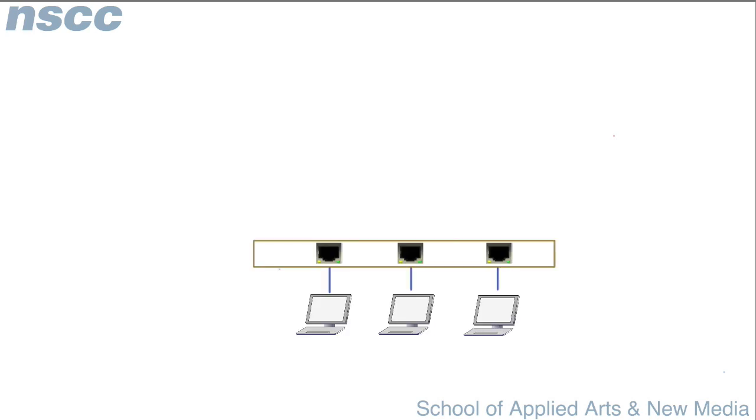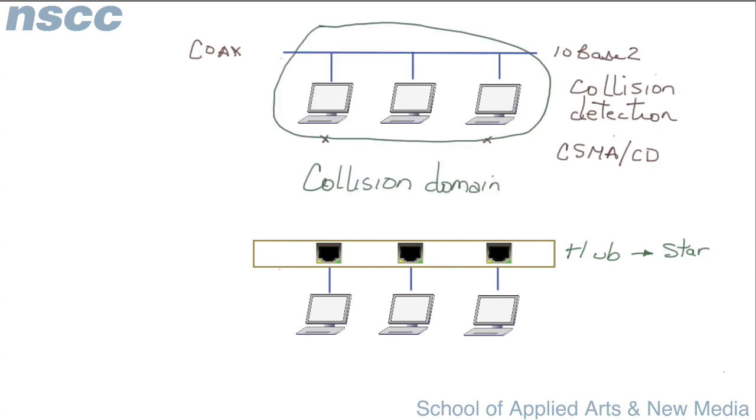So enter the hub, which really operated the same way, but it changed from a linear structure to use a topology called a star. And one of the disadvantages of this older system was that if you had any wiring error, it could take down all the computers in the whole network.